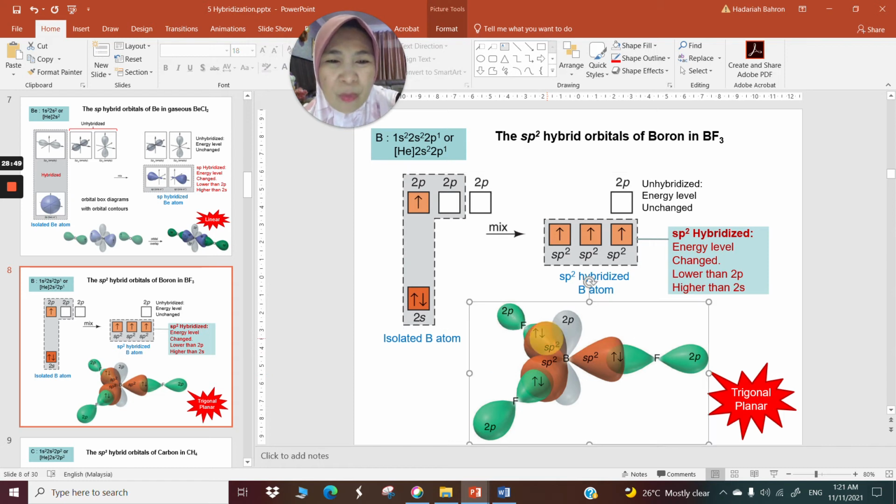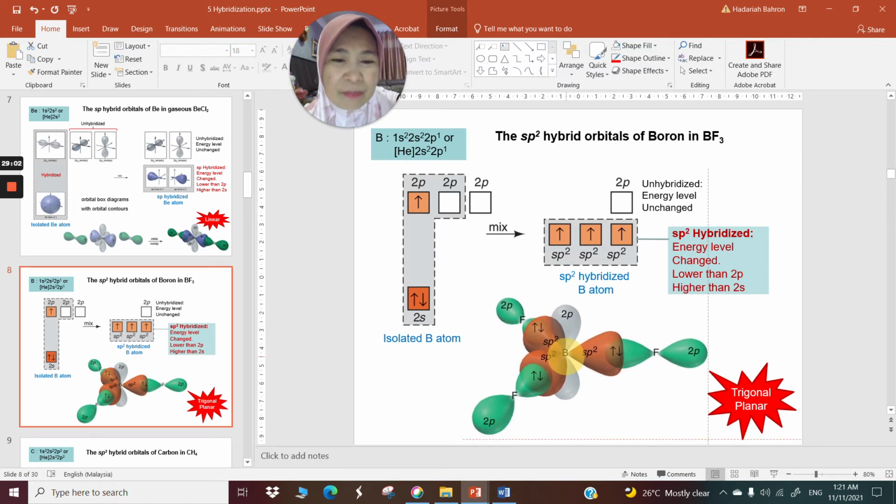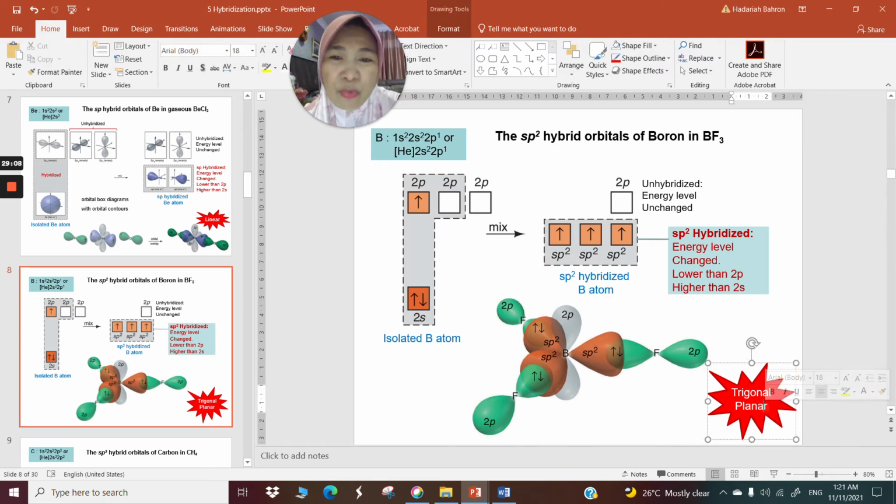So one of these electrons is from boron and another one is from fluorine. They pair up, they make a bond between boron and fluorine. Similarly happening here, and similarly happening there. So you have BF3, the shape of which is trigonal planar.